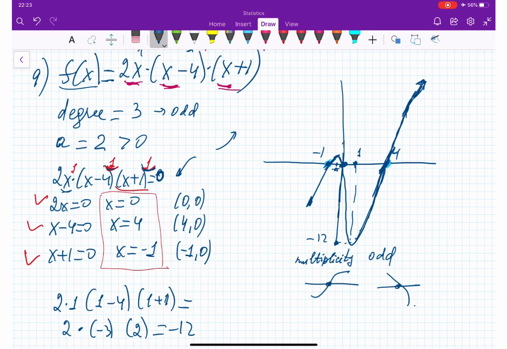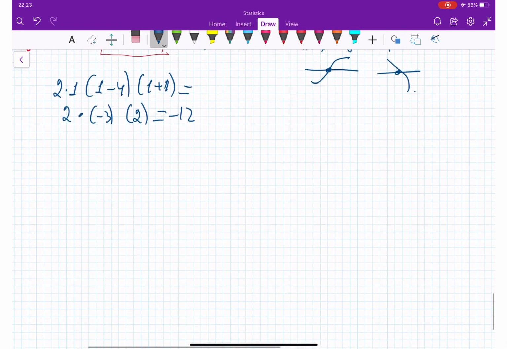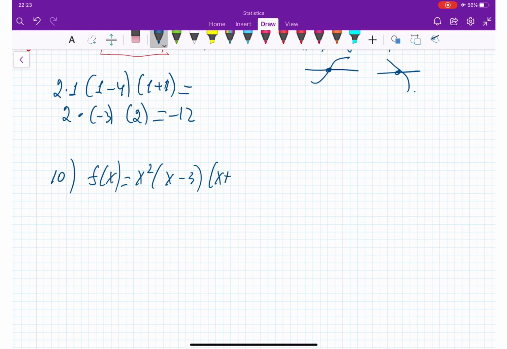Question number 10. We need to graph f of x equals x squared, x minus 3, x plus 2 squared.